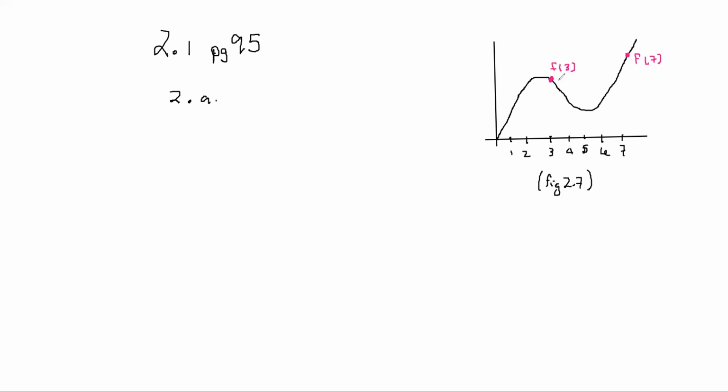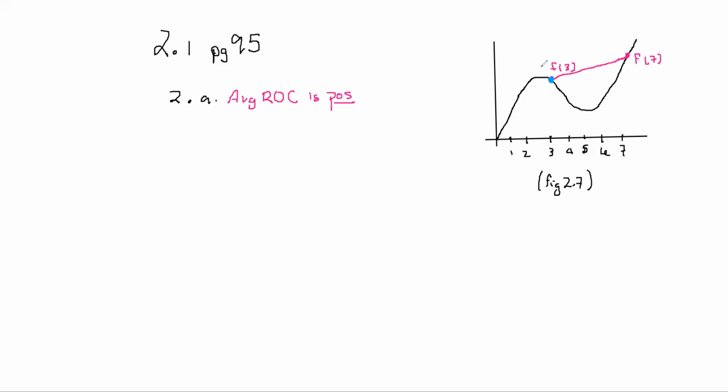And the average rate of change is just going to be the slope between them. So that is going to be positive. So the answer to A is the average rate of change is positive.